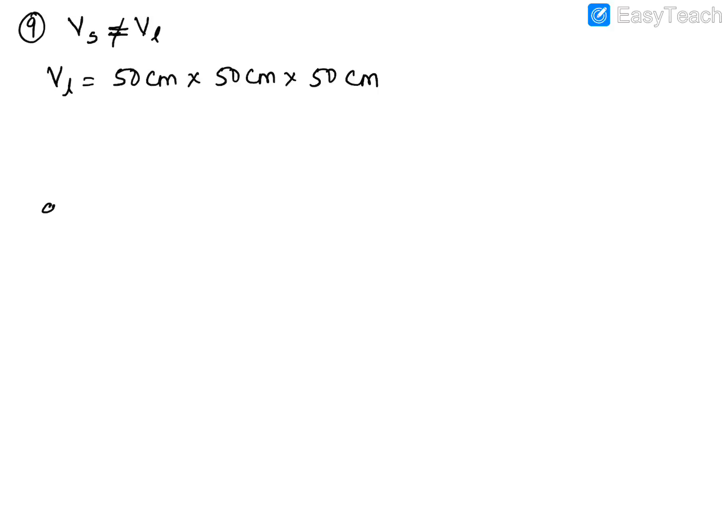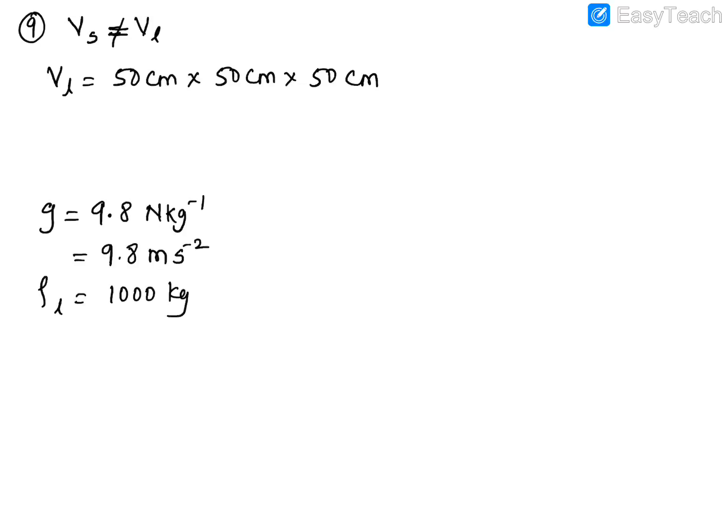So the gravity is equal to 9.8 Newton per kg, which is as good as 9.8 meter per second squared. What is the density of the liquid? Since it's water, it's 1000 kg per meter cube. Now, for the volume, it will be half into half into half, which is 1/8 meter cube.